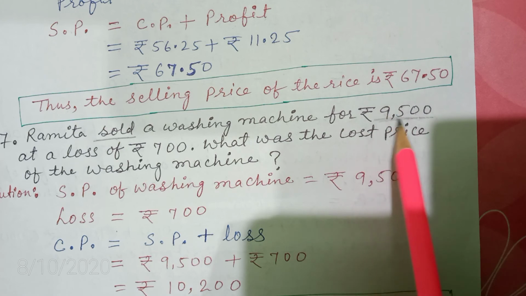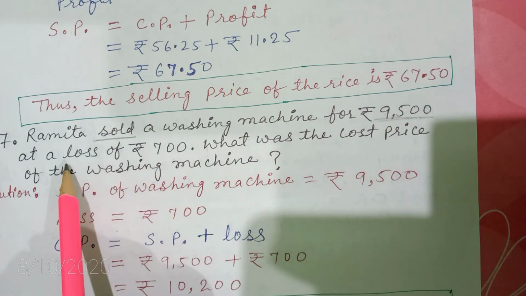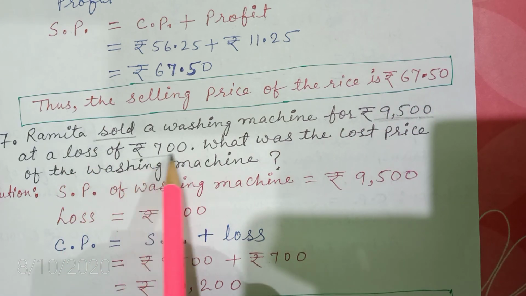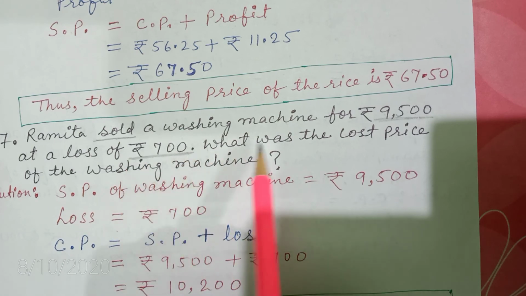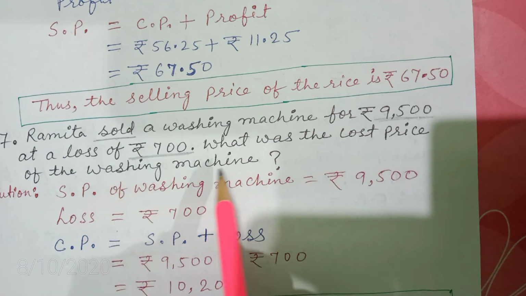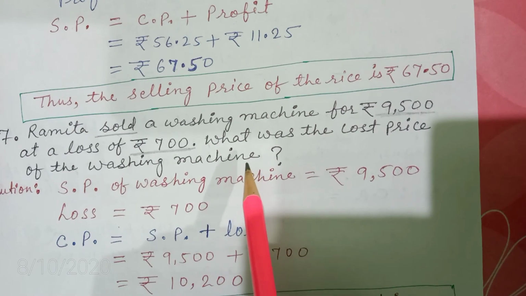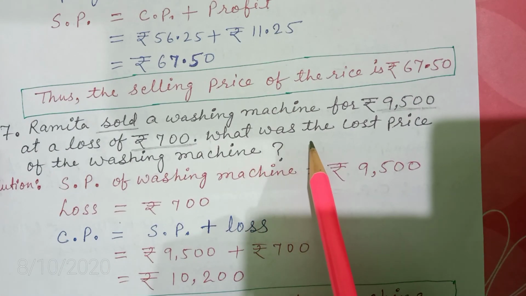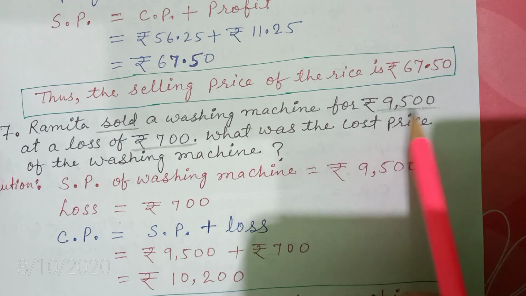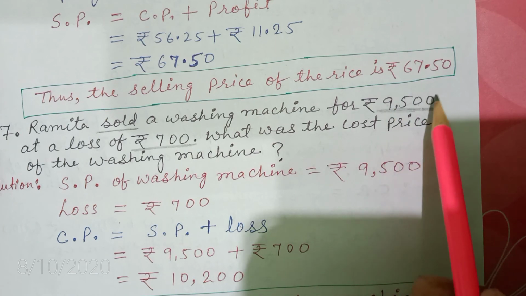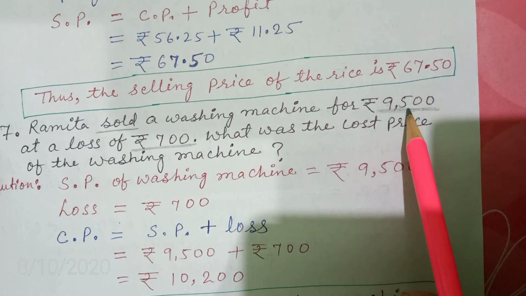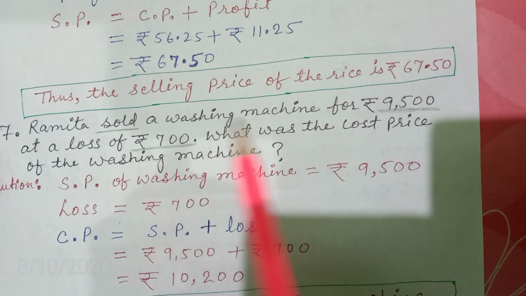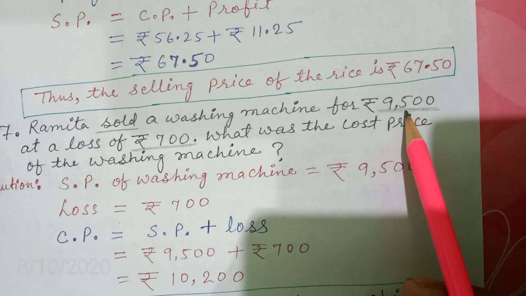It means this is the SP. At a loss of rupees 700 means rupees 700 is the loss. So what was the cost price of the washing machine? It means cost price was greater than 9,500, because he sold for rupees 9,500 and lost rupees 700. It means CP was greater than this.